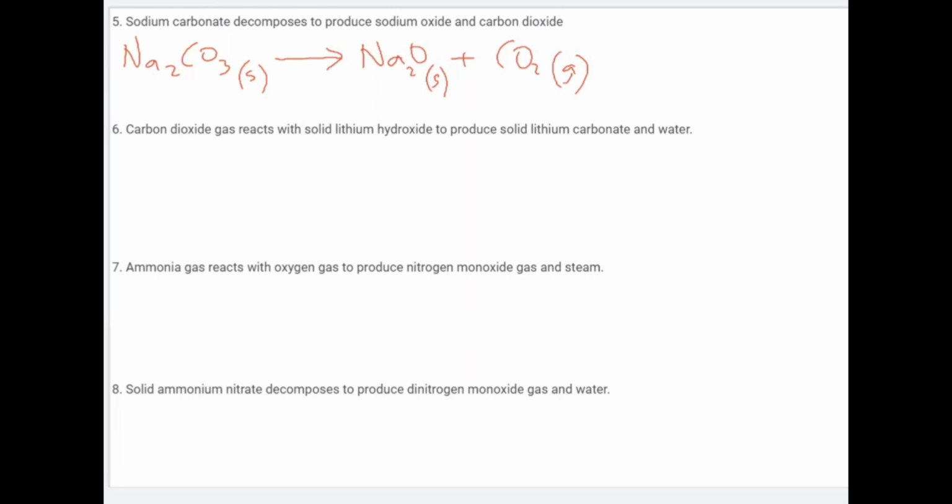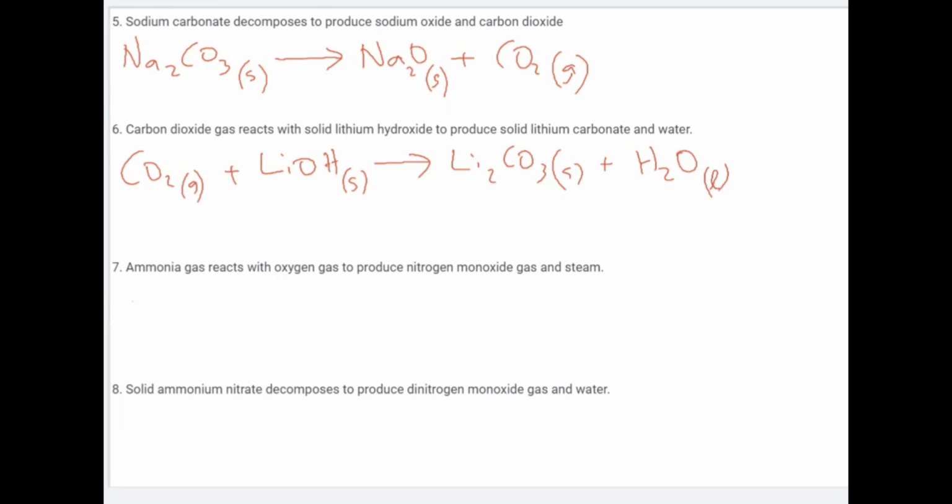For question 6, carbon dioxide, CO2, gas, reacts with solid lithium hydroxide to produce, so arrow, solid lithium carbonate, so Li2CO3, this is solid, and water. And water again is in the liquid state.